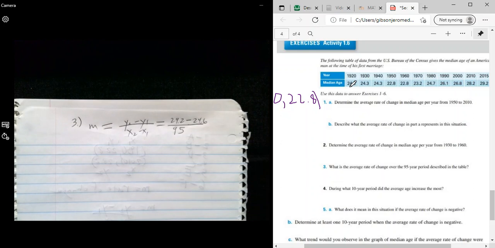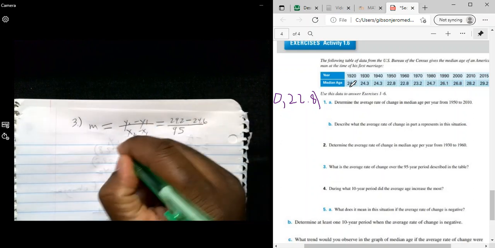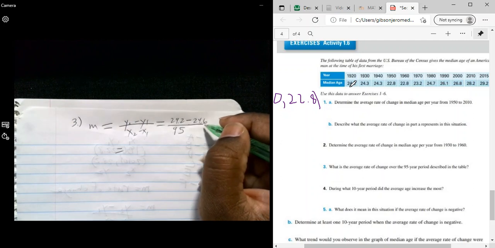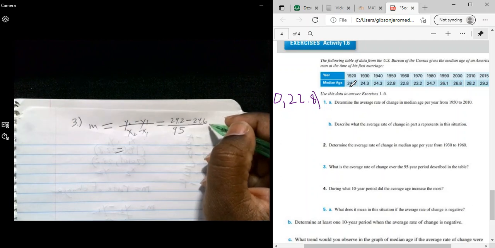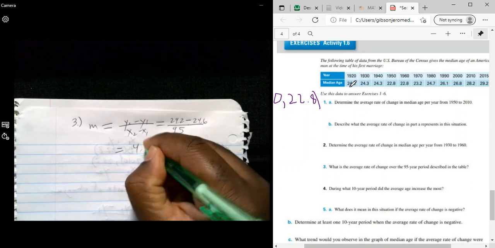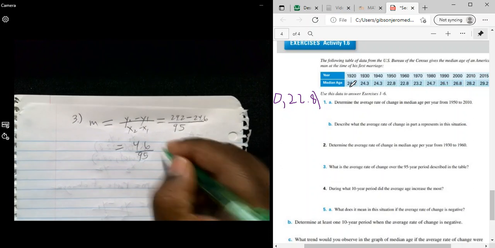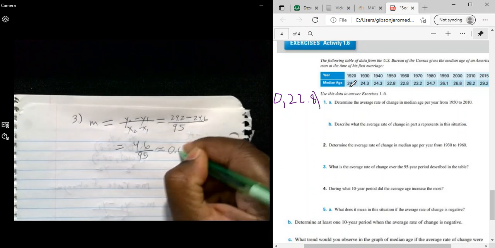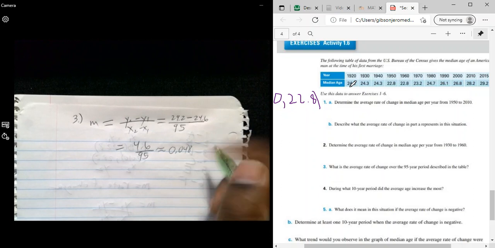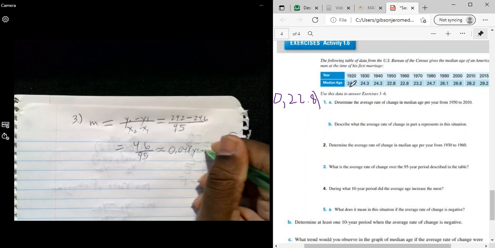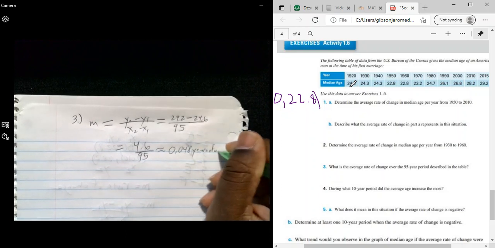Now when we subtract that, that would give us, what's that, 4.6? 4.6 over 95. And if we round to 3 decimal places, it'll be 0.048 years of age per year.